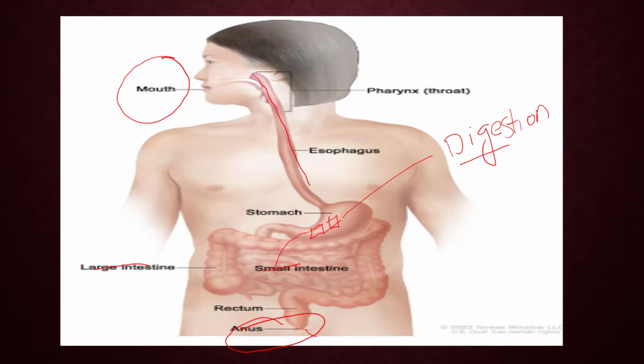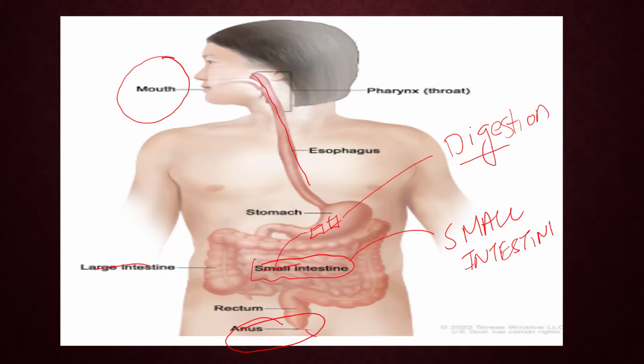The small intestine has three parts: duodenum, jejunum, and ileum, right? So malabsorption basically impairs mainly the function of the small intestine. The function of the small intestine is absorption.